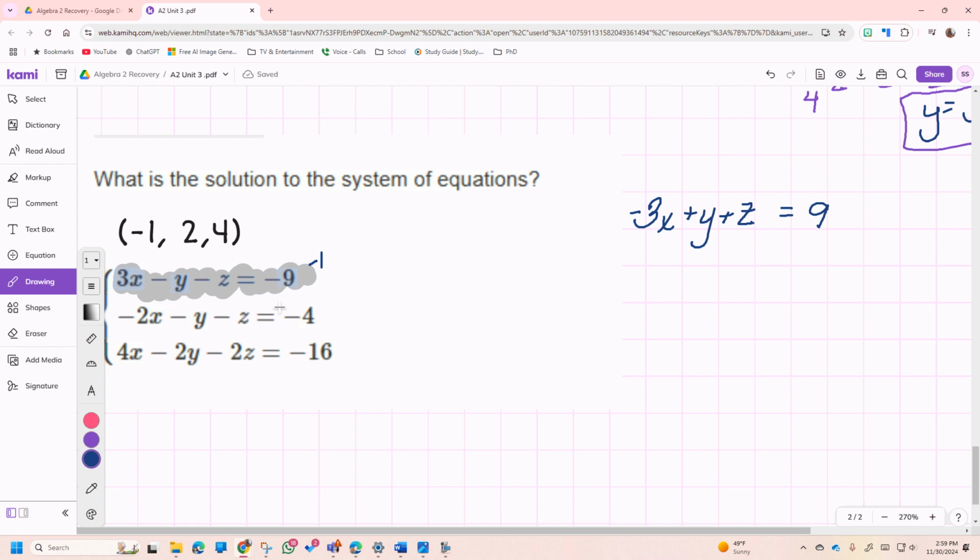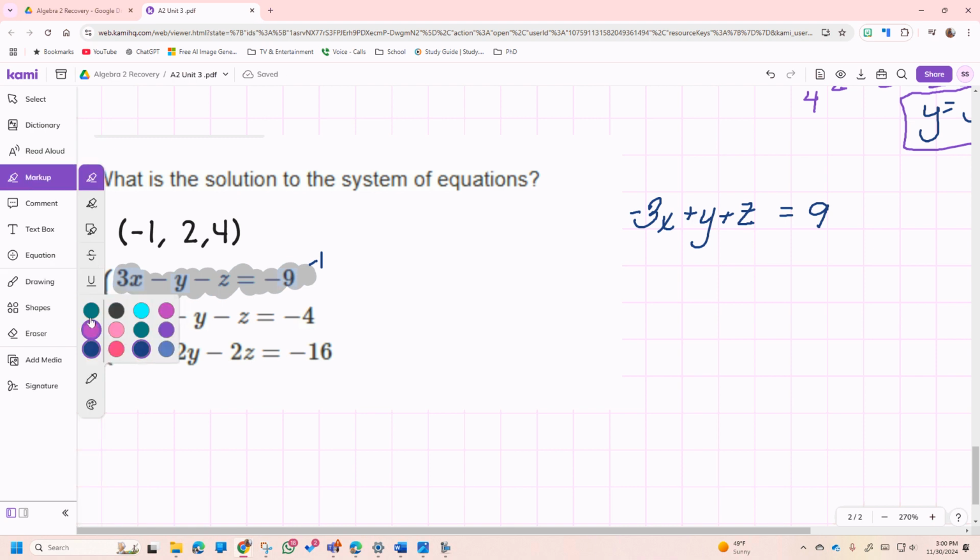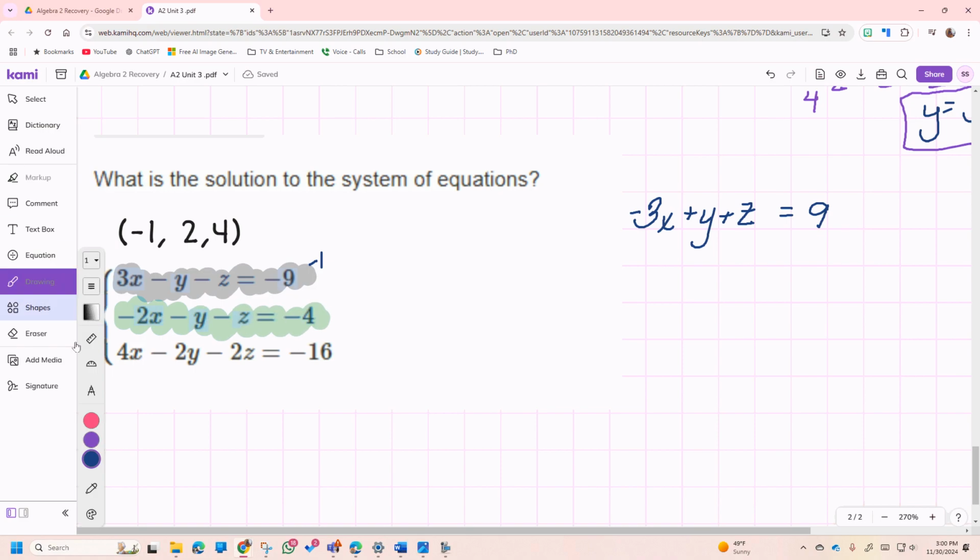Remember, when we multiply by a negative, it switches everything. I'll keep my second equation just the way it is: negative 2x minus y minus z equals negative 4. When you combine them, the y's and the z's cancel out, and I'm left with negative 5x equals 5, or x equals negative 1.